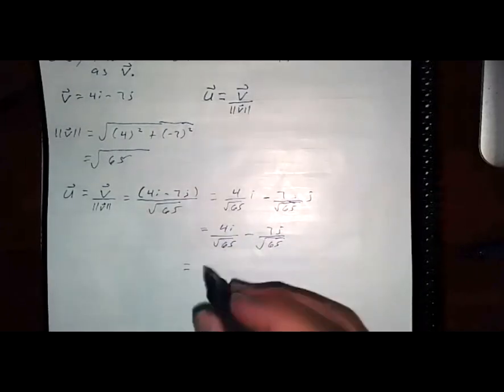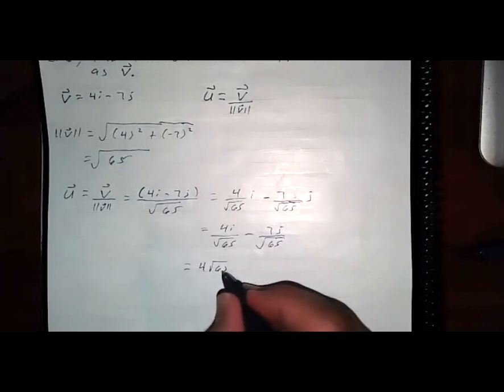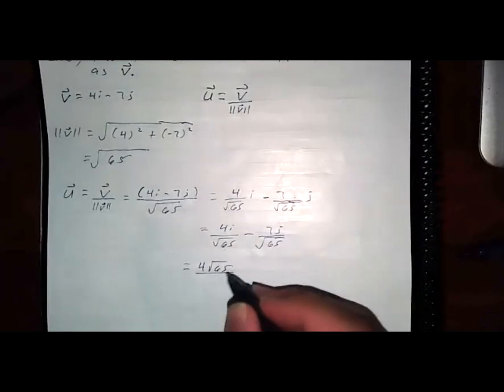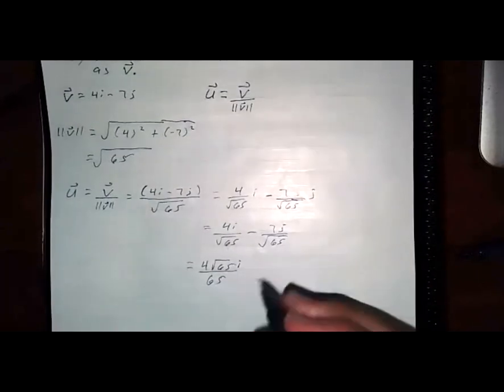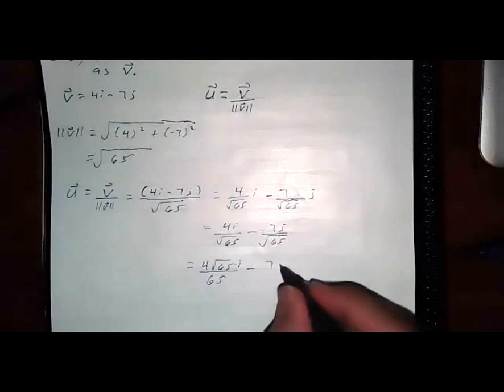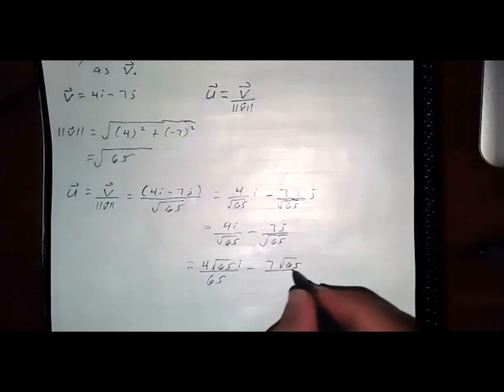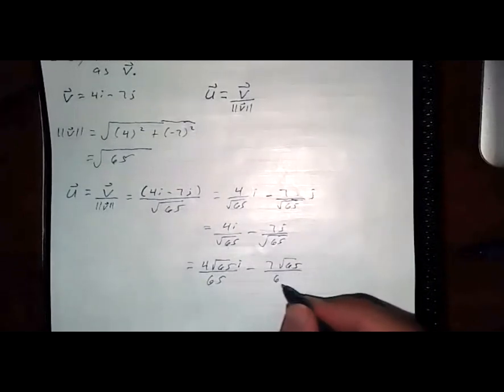Now, to rationalize this because of the square root, you would have to multiply the top and bottom by root 65, which we've done many times by now, right? Top and bottom by that root cancels the radical on the bottom. They may ask you to do this.